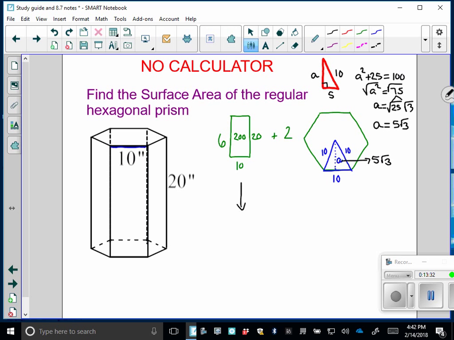So I'm ready to finish the problem. 6 rectangles, each having an area of 200, plus 2 hexagons, and each hexagon has 6 triangles, and the area of the triangle is 1/2 the base times the height, or also the apothem. So that represents the area of one triangle.